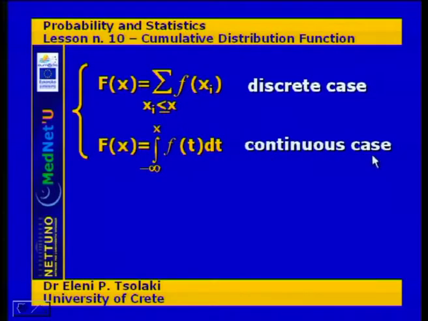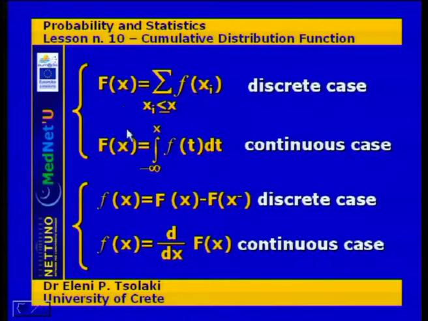For the continuous case, we have to take the integral of the probability density function from minus infinity up to x. We use here a dummy variable, t, so that we are not confused with the x up here when we evaluate the integral.